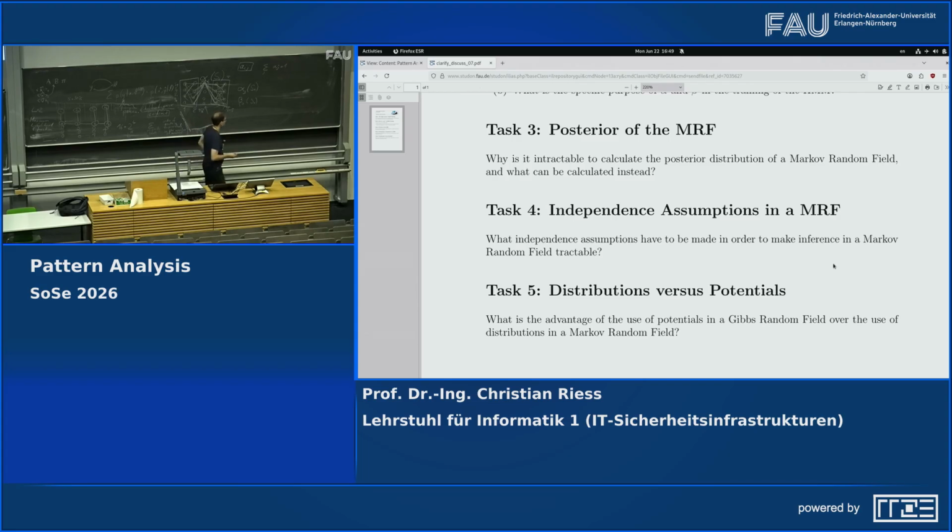So there's no notion of a predecessor or successor or anything, but there's a notion of a neighborhood. So this means we have an observation that has a single link to a hidden variable, and the hidden variable can have various links to neighbors, but all these are only pairwise links. Yeah?